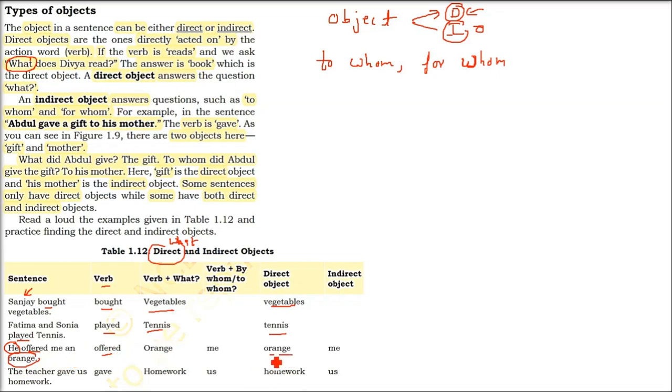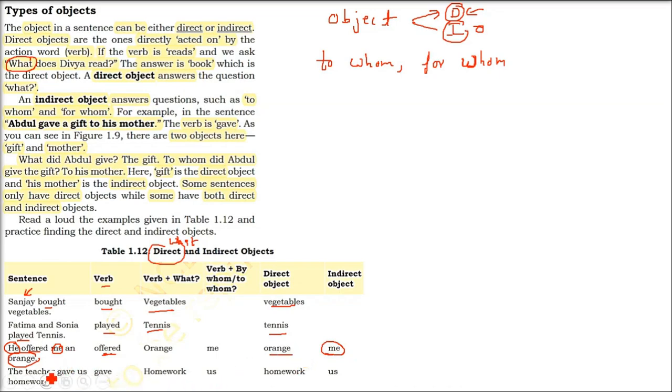But if we ask a question, to whom? To whom the orange was offered? If along with the word you ask, to whom? For whom? He offered me an orange. So he offered me. So me is the indirect object.